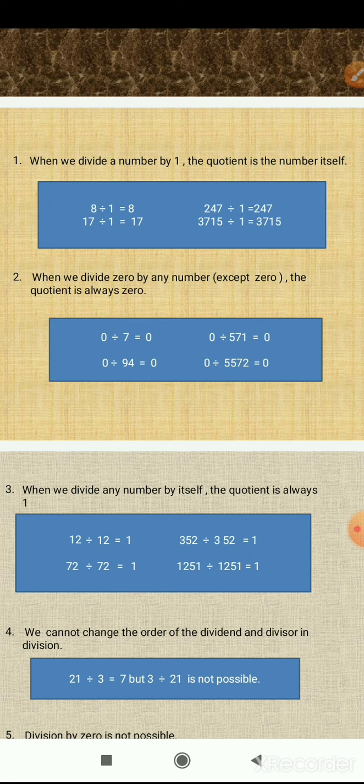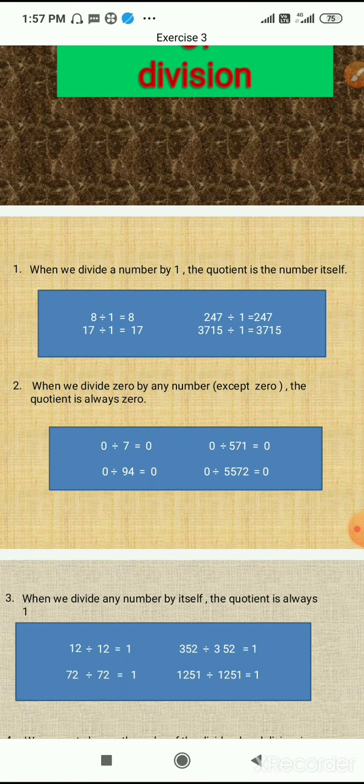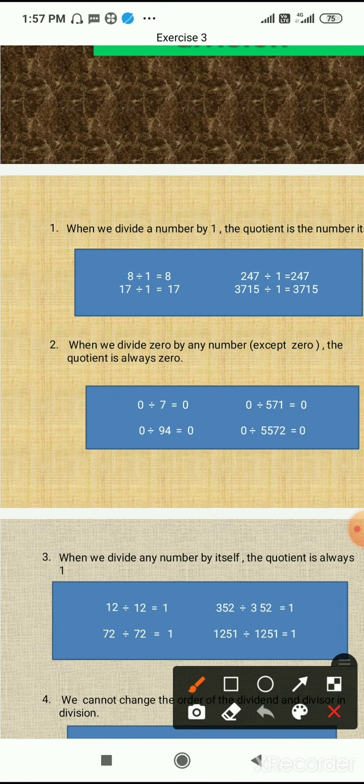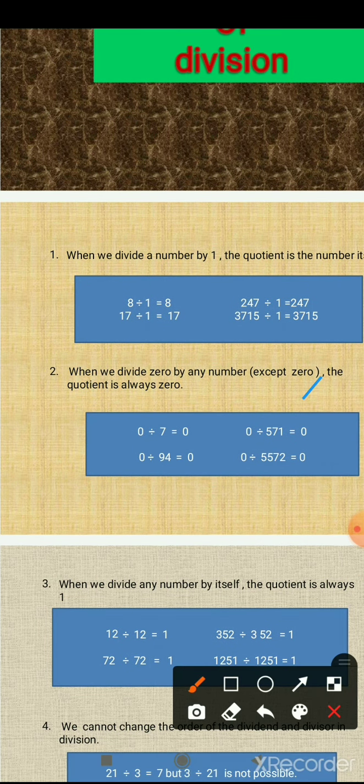Then we divide 0 by 571, and we also get quotient 0. Next we divide 0 by 94, we get quotient 0. We divide 0 by 5572, we get quotient 0.